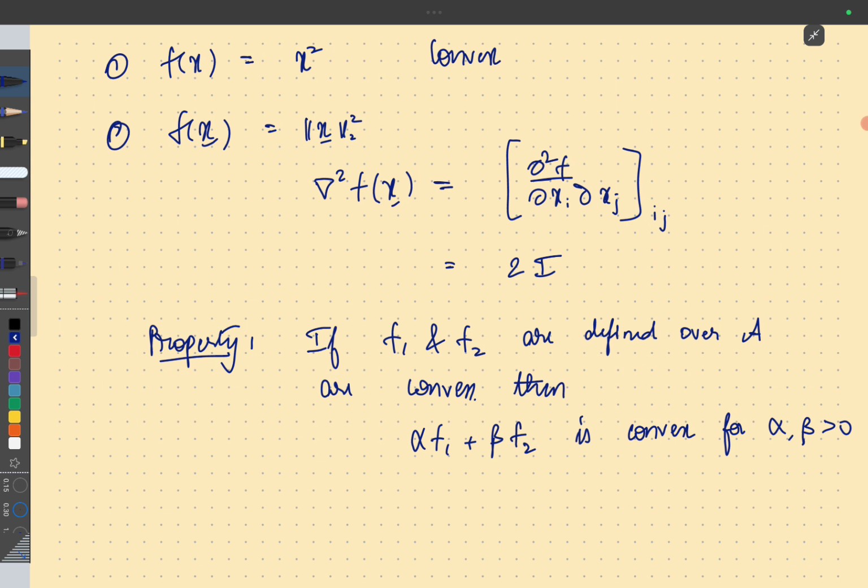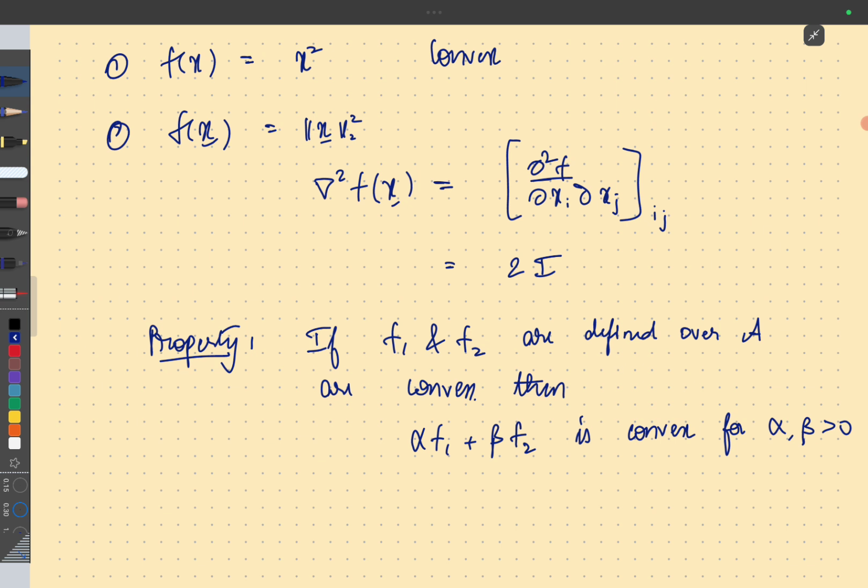Why is this true? Assuming it's differentiable, but this holds true even if it's not twice differentiable. If it's twice differentiable, then I agree.